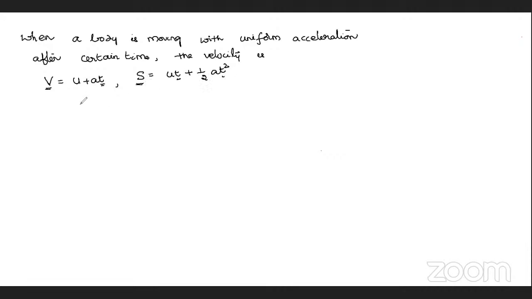And in the same way, if I ask the velocity after some displacement, you say v squared minus u squared is equal to 2as. Means you are trying to say the velocity as a function of displacement.